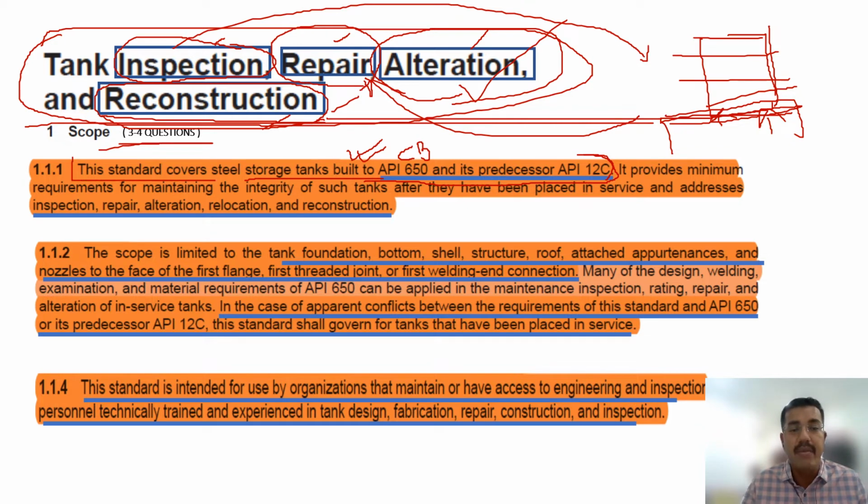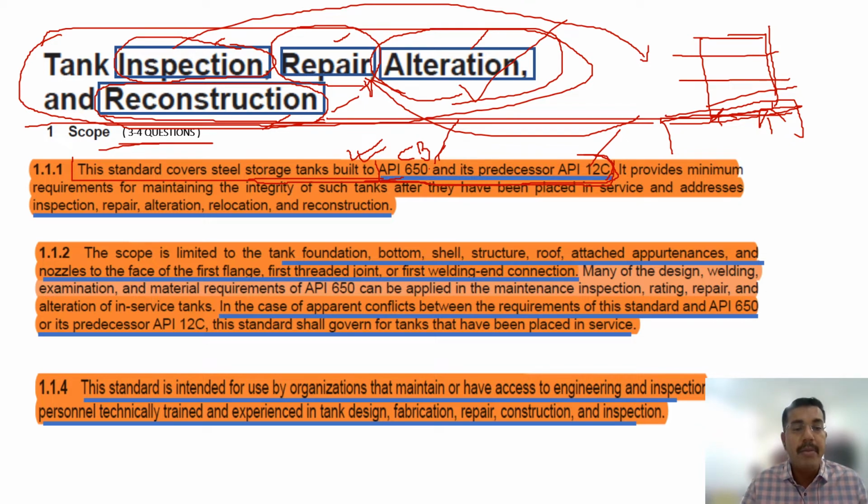The multiple choices may be API 650 only, API 12C only, local jurisdiction code only, or ASME Section 8, some funny answers like that. You have to give the right answer: API 650 and its predecessor API 12C.